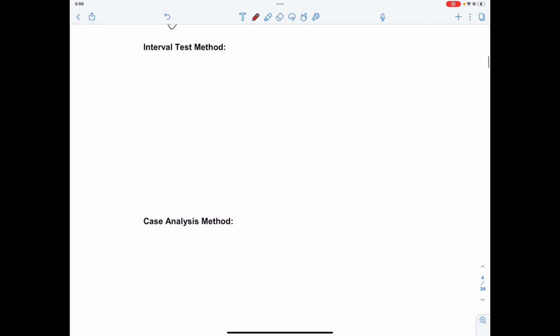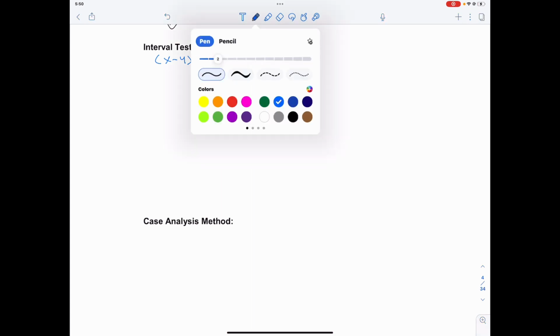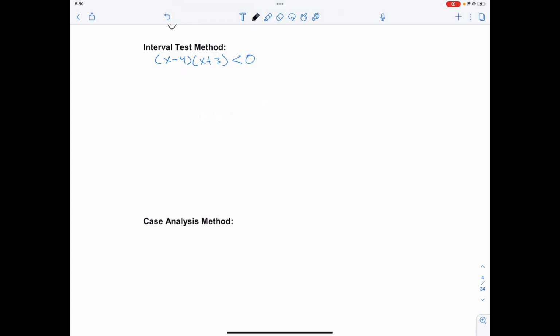If I'm doing the interval test, well, I'm still using my roots. I'm still using that factored form that we took where we said that (x - 4)(x + 3) is less than 0. I know that that's going to be with the roots of -3 and of 4.